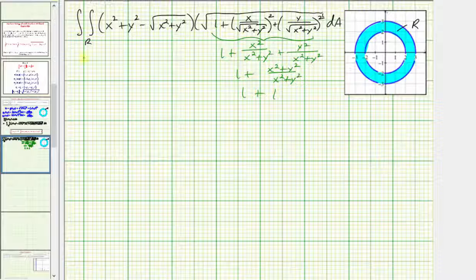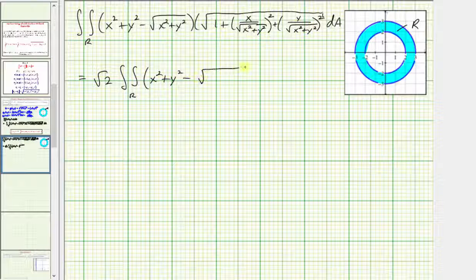So let's write this as the square root of 2 times the double integral over the region R of, now the integrand function is just x squared plus y squared minus the square root of the quantity x squared plus y squared, differential A. Now from here, because the region R is bounded between two circles, let's write this using polar coordinates, where differential A is equal to r dr d theta and x squared plus y squared is equal to r squared.